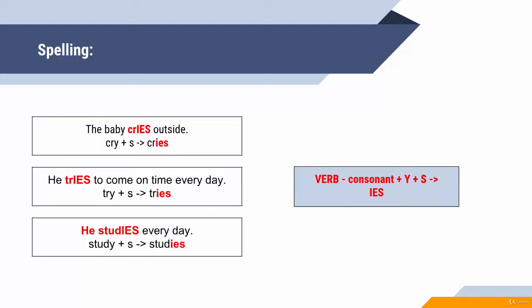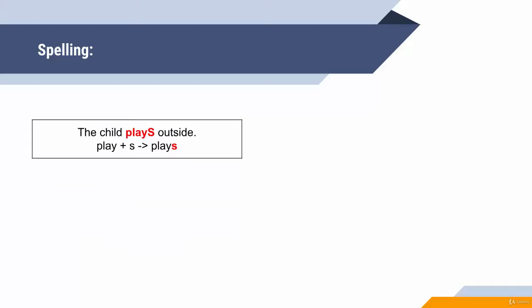What's the rule? When the verb finishes in consonant plus Y, cry, try, study, and you add S, then Y is changed into IES. The same rule as the plural forms of the nouns. Okay? Another rule. The child plays outside.